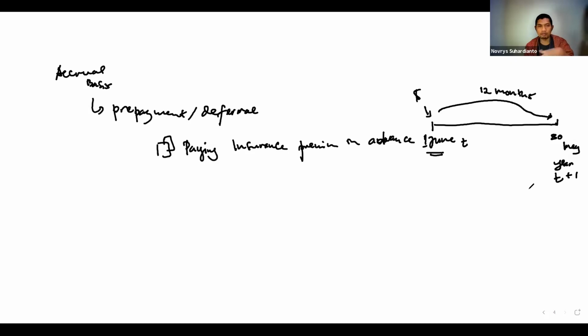Because when you pay in June, this premium gives you future benefit, you record this as an asset called prepaid insurance, and then you credit cash.